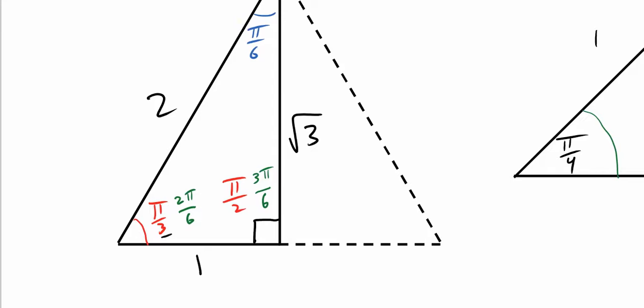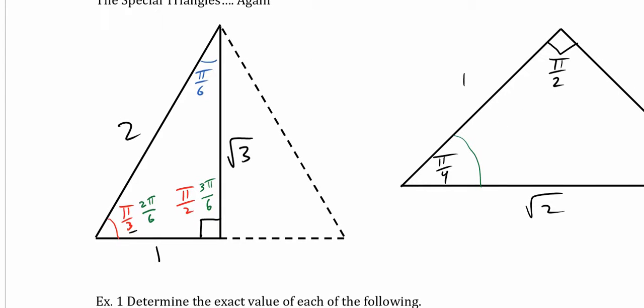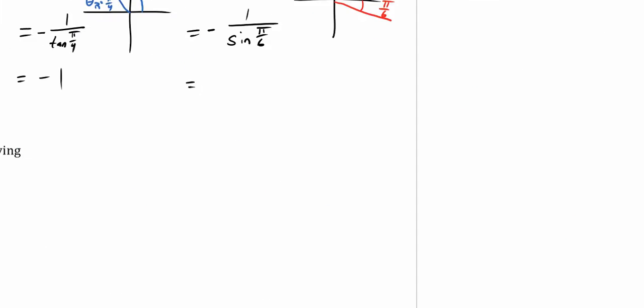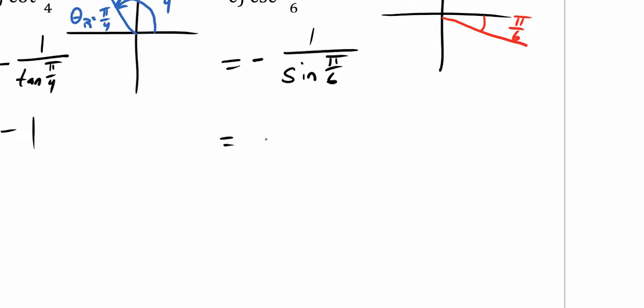Go up here. Pi by 6. Sine is opposite over hypotenuse. That's 1 over 2 again. So this is negative 1 over a half, which I hope you know works out to 2. And so it's negative 2.